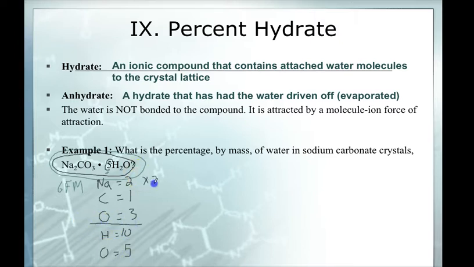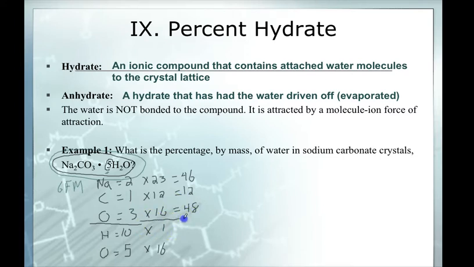The mass for sodium is 23. The mass for carbon is 12. And oxygen, of course, is 16. And again, we know that hydrogens are 1. And again, oxygens are 16. So let's do these. That's going to come out to 46. That comes out to 12. That's 48.